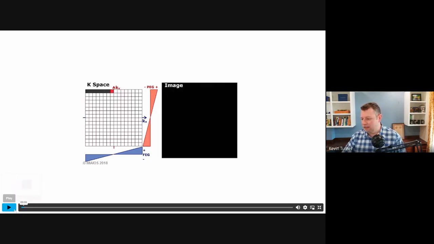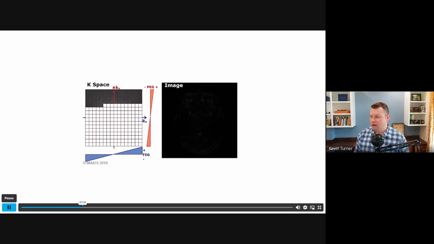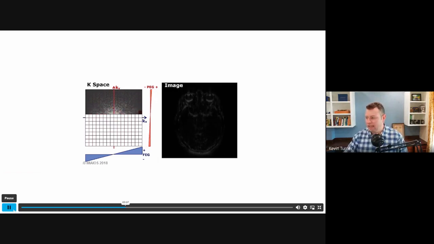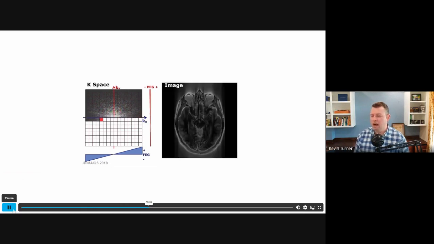Another thing to notice here is the strength of the phase encoding gradient. When the phase encoding gradient is strong in both the positive and negative direction, we're creating echoes that give us resolution. As that gradient becomes shallower, we end up with more signal and less noise in the echo. Those echoes with large signal compared to the noise give us contrast.